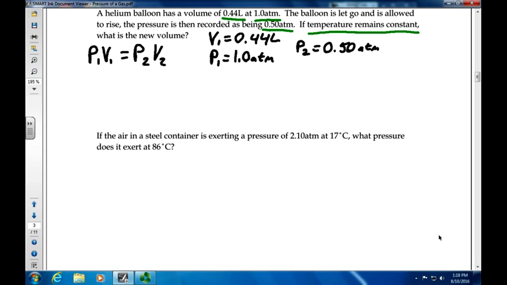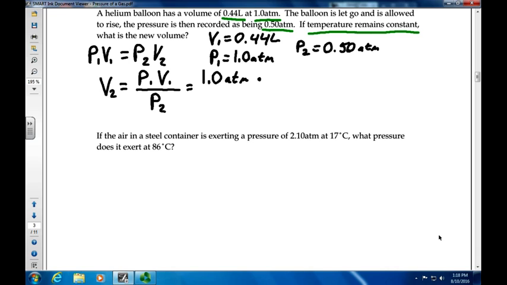And when you do that, you'll find that your final volume is equal to your initial pressure times your initial volume all over your final pressure. And then all you have to do is plug in the values that you've determined, and your results will be your final volume.